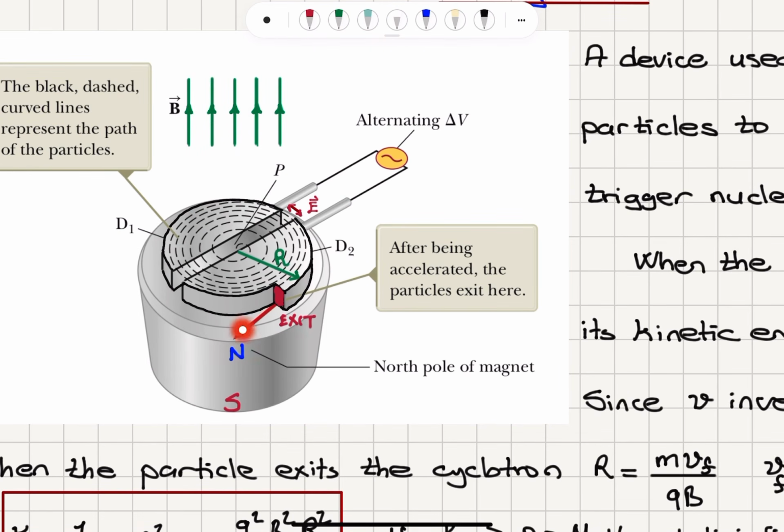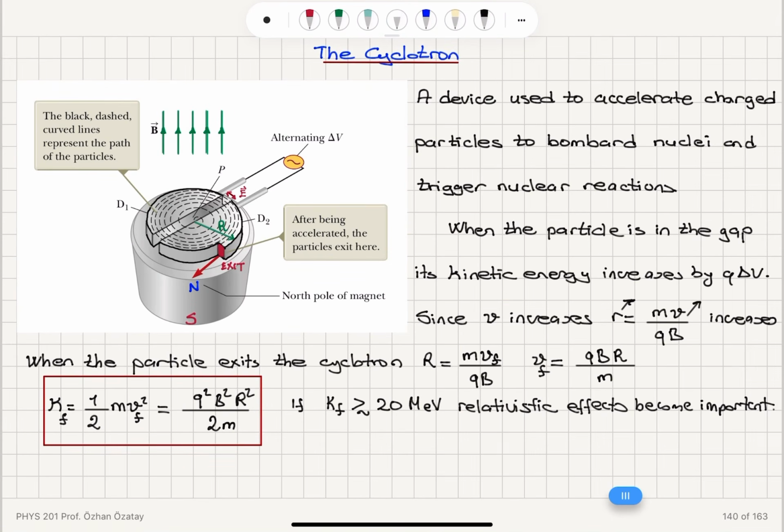And when the particle exits this apparatus, it has a final kinetic energy, which is given by q squared B squared R squared over 2m in the non-relativistic limit. So when the final kinetic energy is greater than 20 mega eV, relativistic corrections become important, and this energetic charged particle is used to bombard nuclei and trigger nuclear reactions.